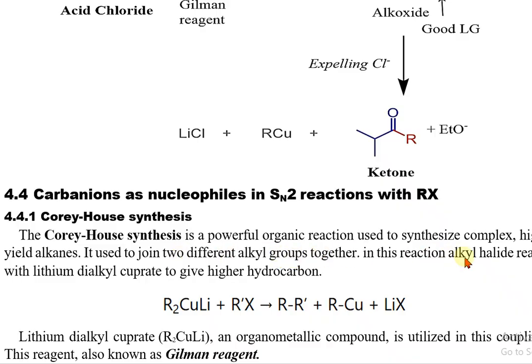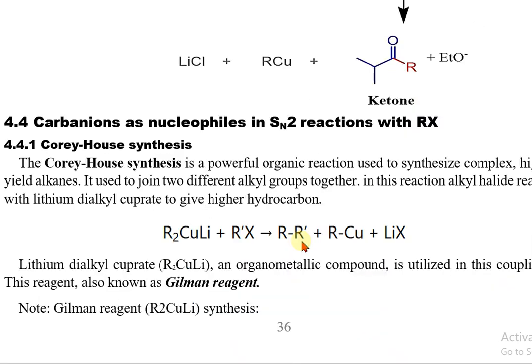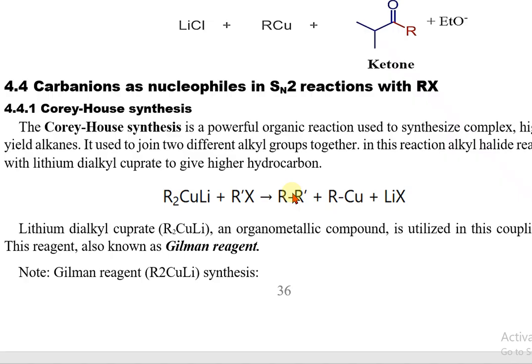And in these reactions, alkyl halide reacts with lithium dialkyl cuprate. This is the lithium dialkyl cuprate. It will react with alkyl halide. Of course the mechanism is the SN2 mechanism, because this is a carbanion and a nucleophile. It will add to this alkyl group, and this will leave the structure.